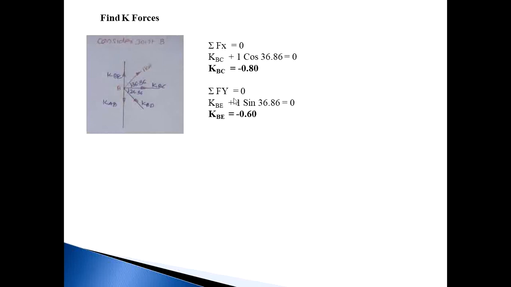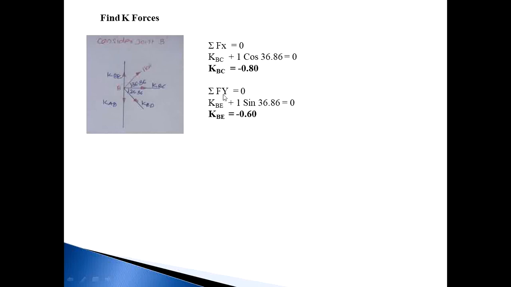So first consider joint B. That is summation Fx is equal to 0. So KBC plus 1 cos 36.86. This value becomes 0 because there is no vertical force, only inclined force is there. So KBC value is equal to minus 0.80.